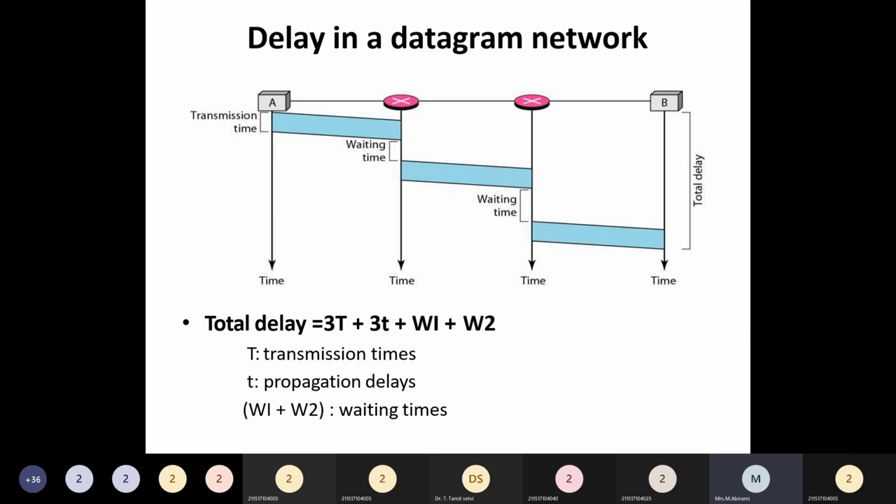The total delay is equal to 3D plus 3t plus W1 plus W2, that is, the total waiting time, the propagation time and the transmission time.